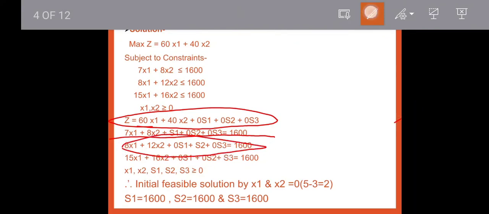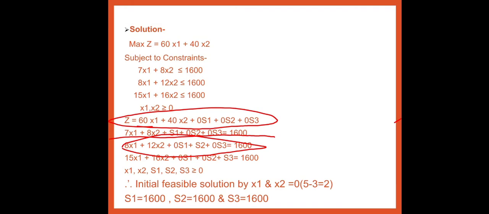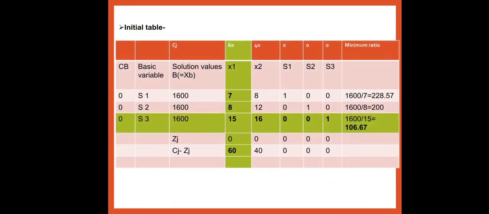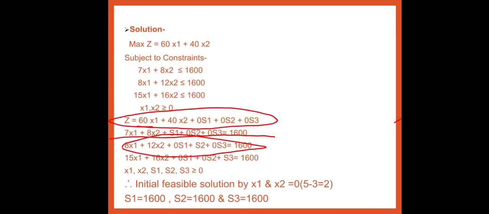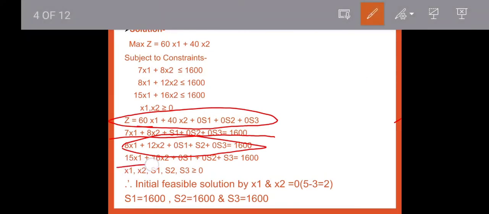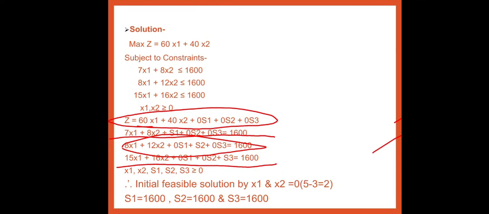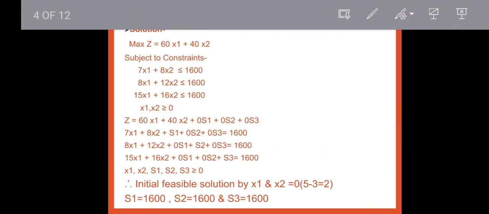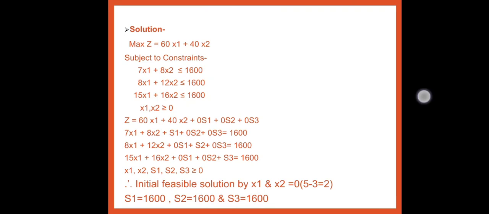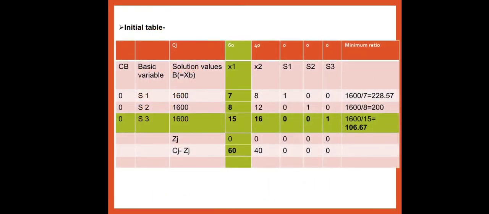And in the s3 row we should write the third constraint's values. Now I have already written the values. Then the basic solution values are 1600, and each of the three slack variables is similar.